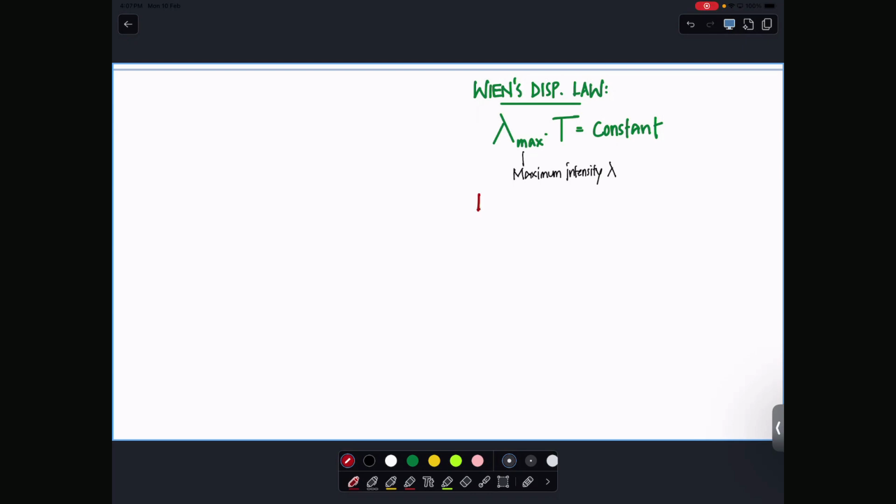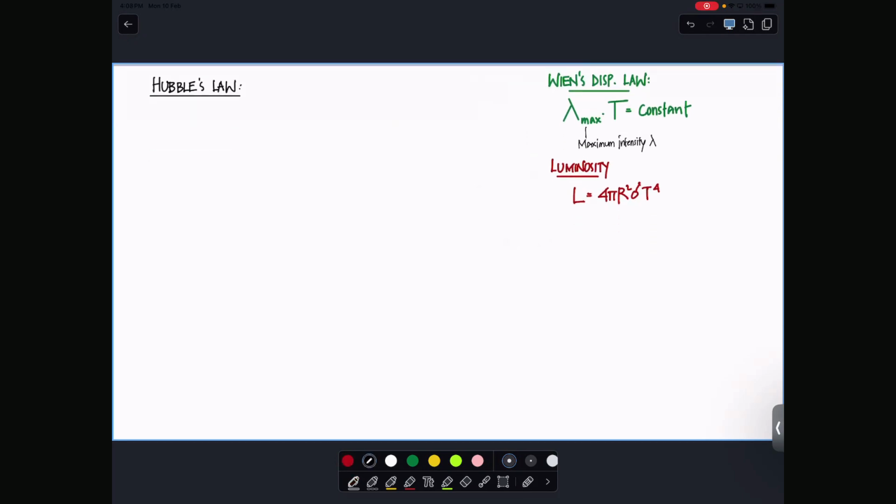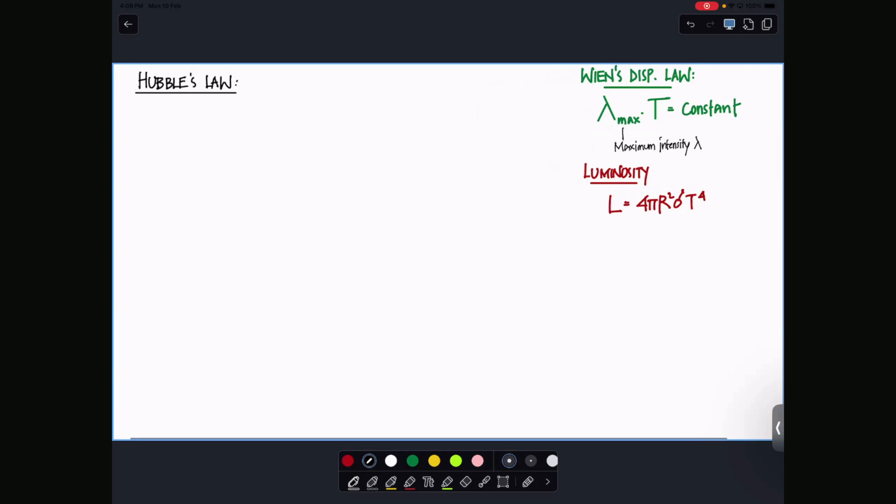So yeah, it's luminosity. Luminosity is the power of a star. The luminosity formula is L equals 4 pi r squared sigma T to the power 4. Okay, so these are the 2 equations we saw, nothing else so far. We'll wrap everything up, and these two are actually your topic.